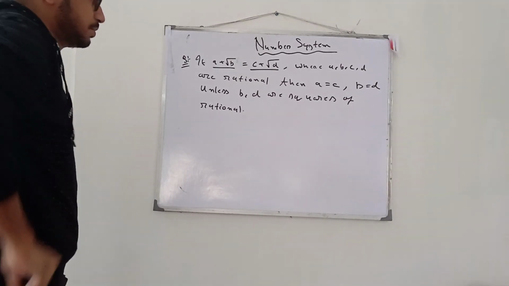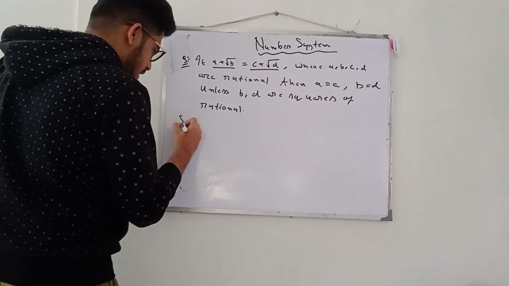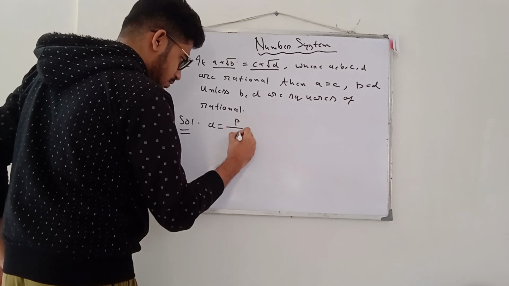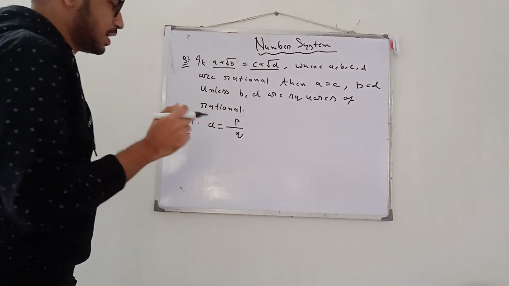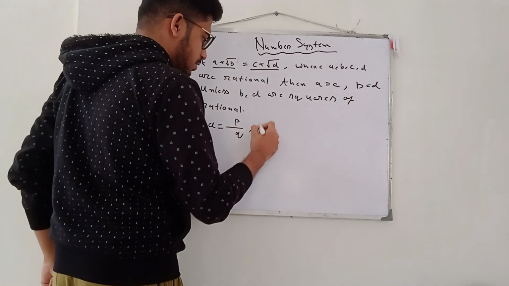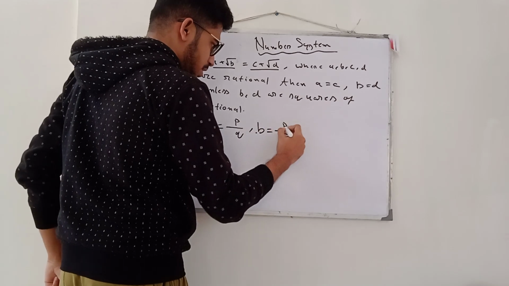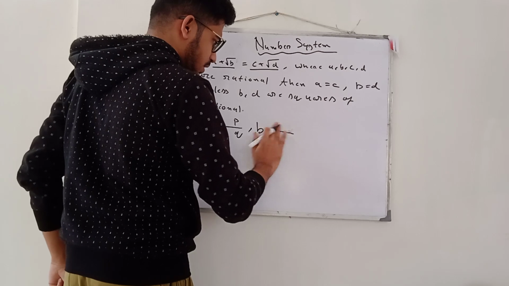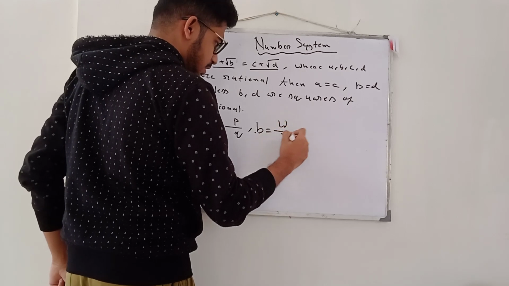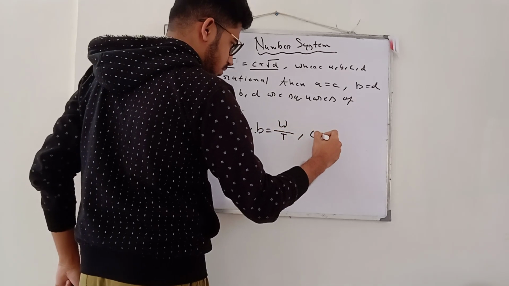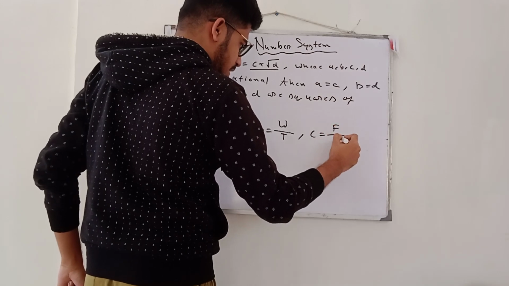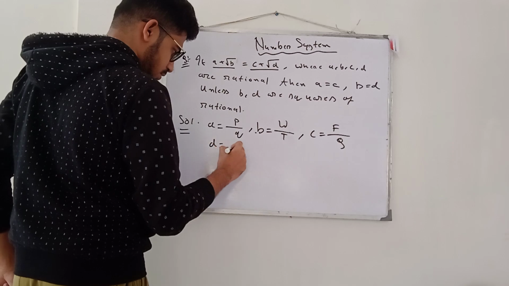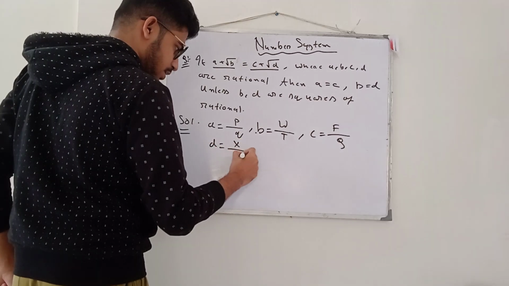Rational means, suppose a is equal to p by q, b is equal to w by t, c is equal to f by q, and d is equal to x by y.